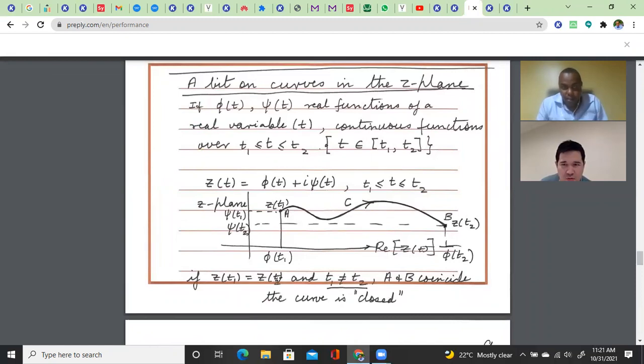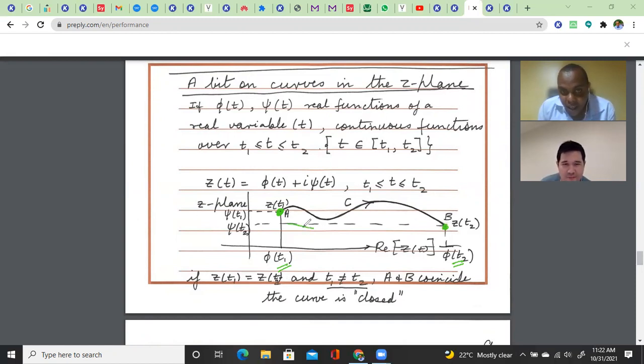So he's saying that if you have a function z(t1), and t1 is far away from t2, but the two function values are the same, then they are going to be the same point.